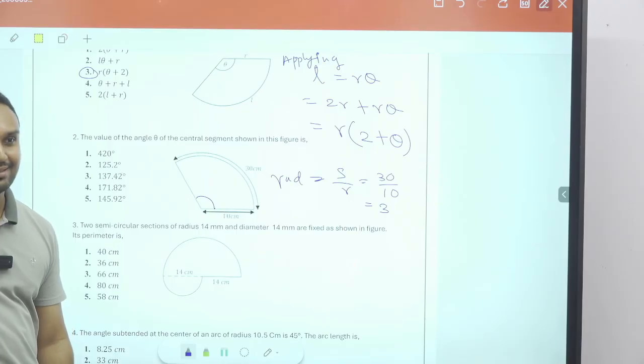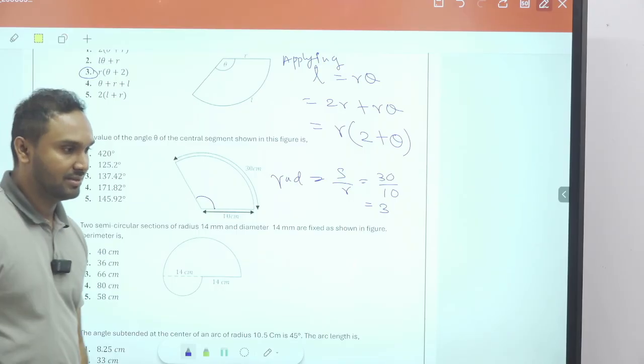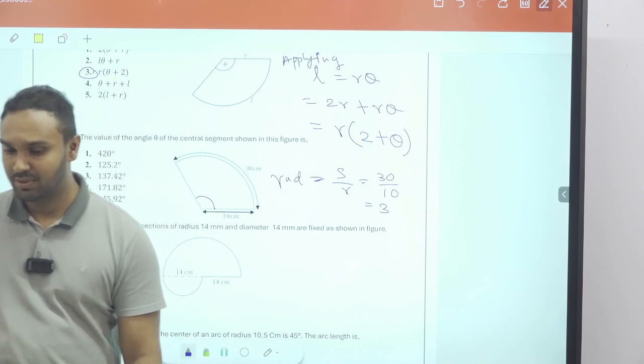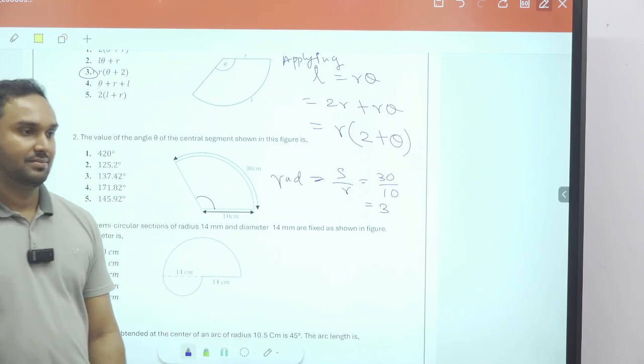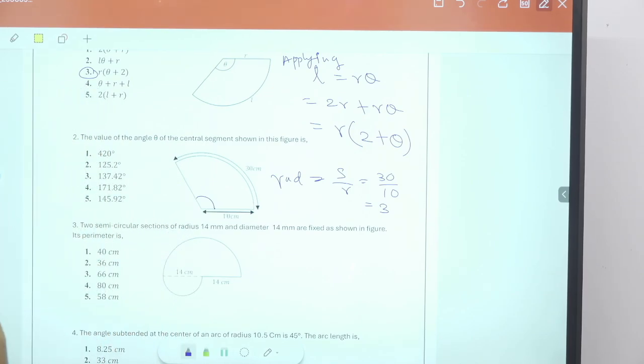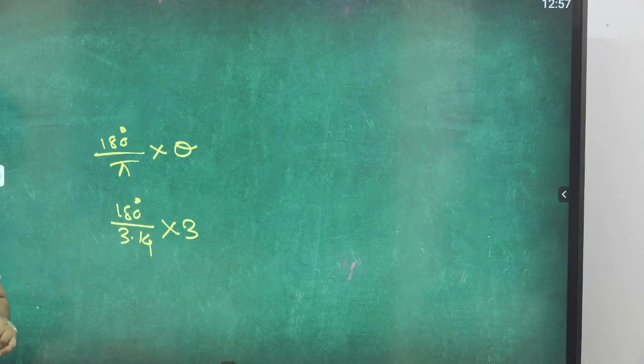Assume with reasons. So it should be 4, and if you simplify, you will get the same answer.